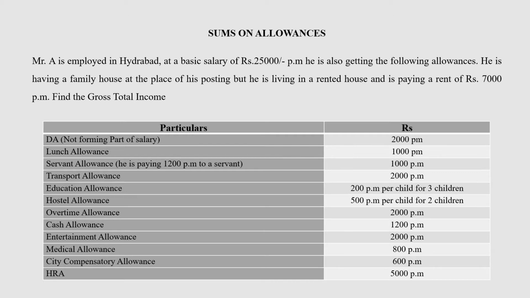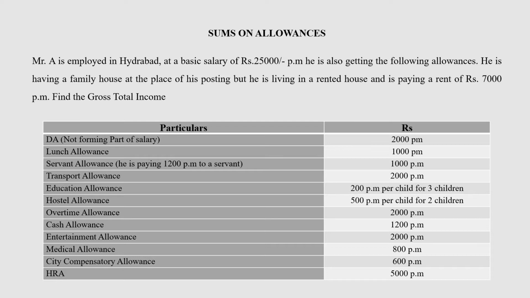The following particulars are given to us. DA not forming part of salary is 2,000 per month. Lunch allowance 1,000 per month. Servant allowance, he is paying 1,200 per month to a servant, but he is getting an allowance of 1,000 per month. Transport allowance 2,000 per month. Education allowance 200 per month per child for 3 children.